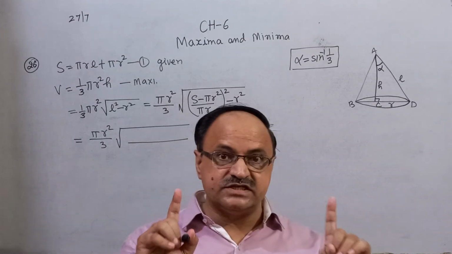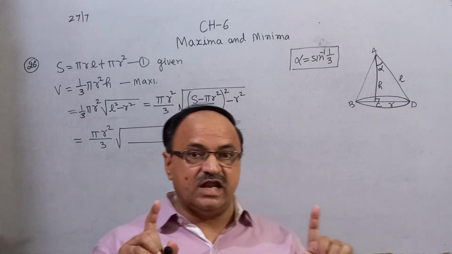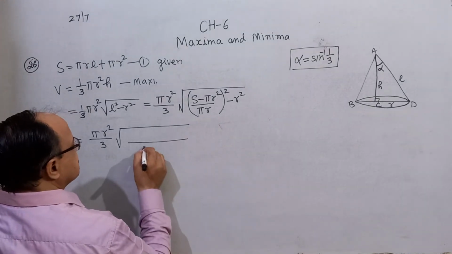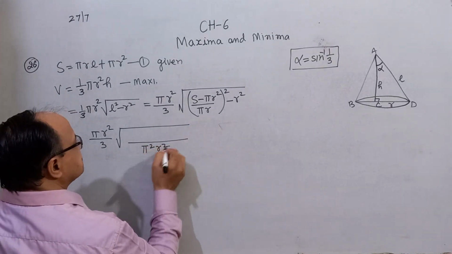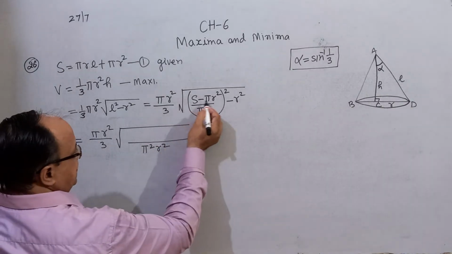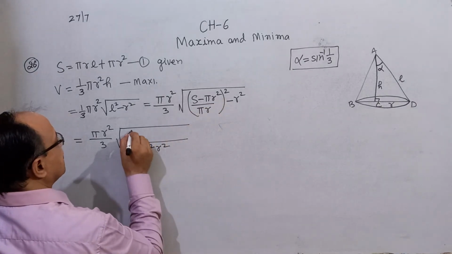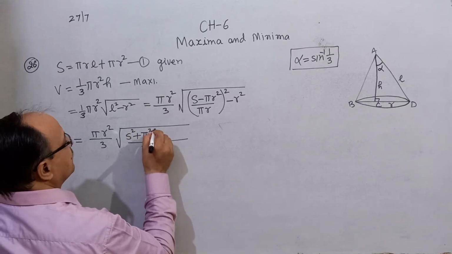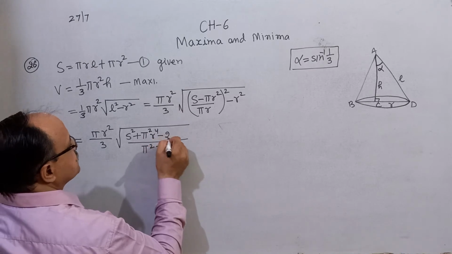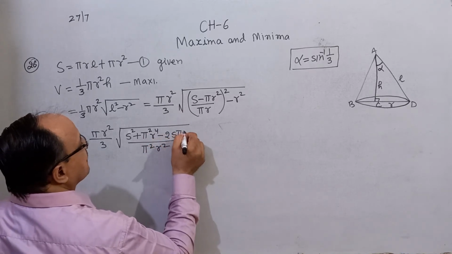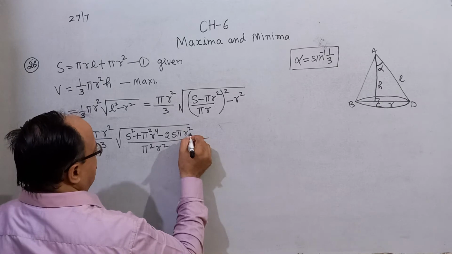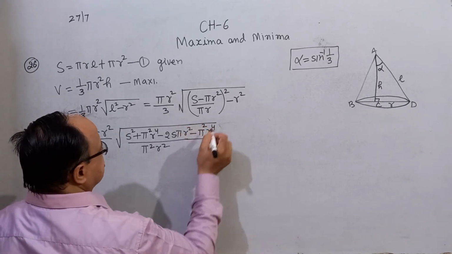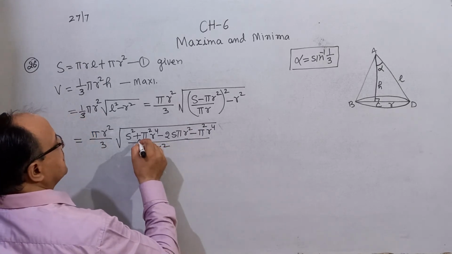Further simplify, taking the LCM, which is pi square R square, and expand (A minus B) whole square: S square plus pi square R to the power 4 minus 2 S pi R square, minus pi square R to the power 4. The like terms cancel.